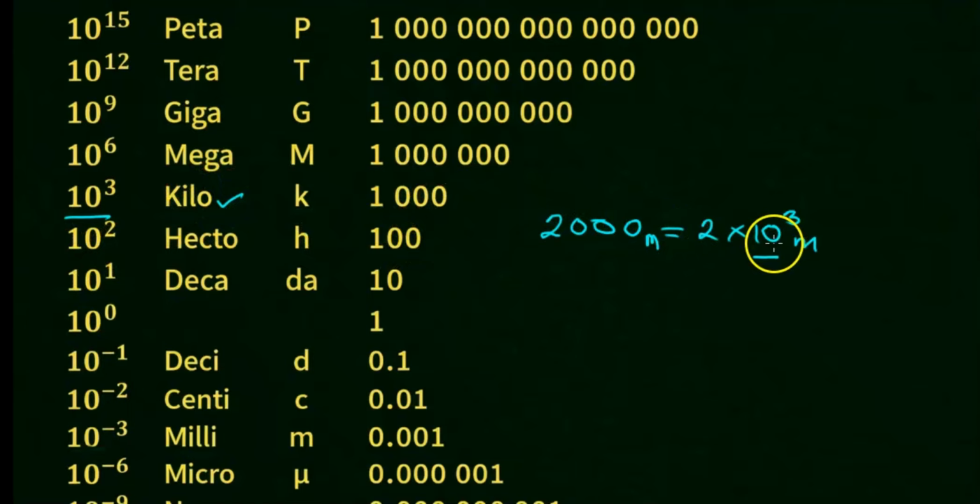So in place of 10 exponent 3, we can just write kilo, K, to represent this value. So we are going to have 2 kilometers. Instead of saying 2 times 10 exponent 3 meters, you can just say 2 kilometers.